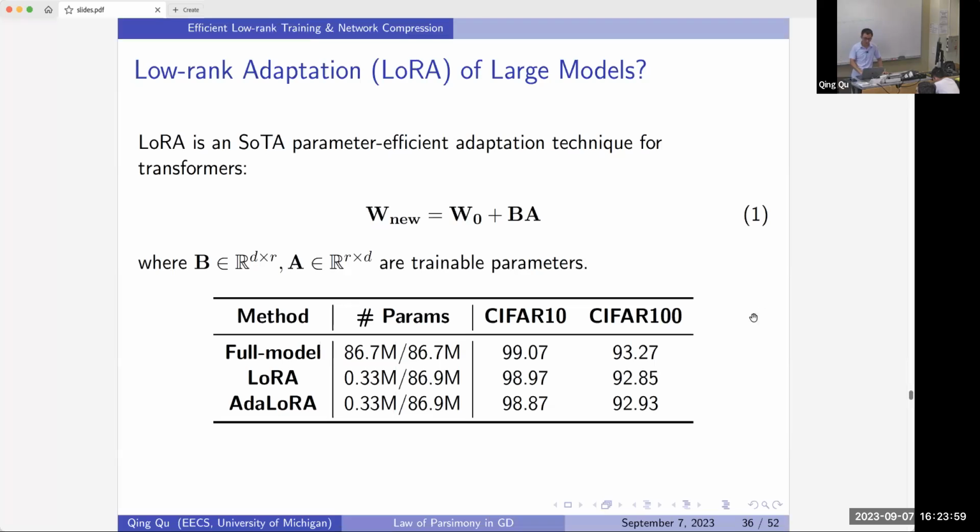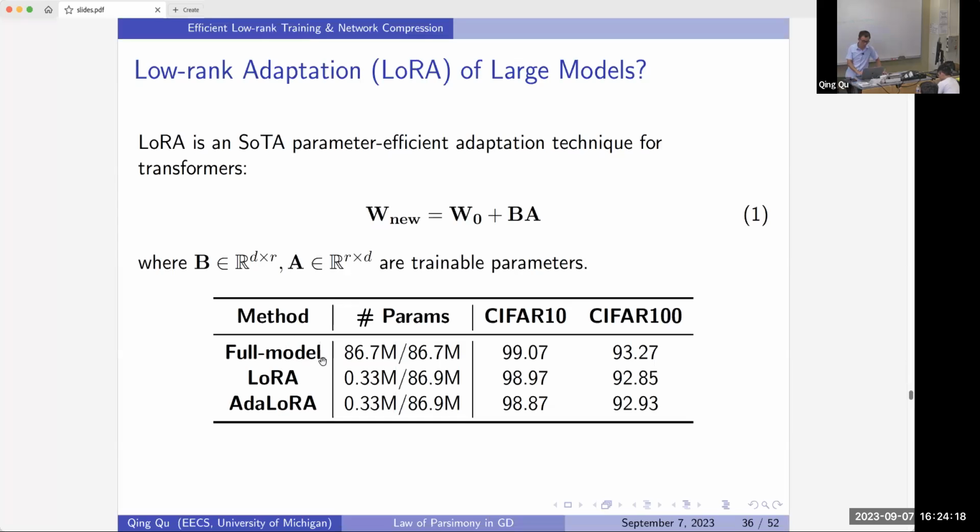What they do is that W0 is the initial weight of the pre-trained model, and then you add low rank components. You only fine tune those low rank components. This is a very popular approach in large language models, and it achieves pretty good performance.